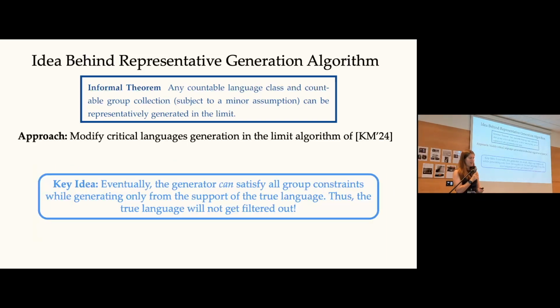The key idea in the proof is that in the same way that the true language eventually becomes critical, the true language also eventually allows us to satisfy these representation constraints. Not immediately, not even once it becomes a critical language, but at some point, and thus we can guarantee that eventually we'll satisfy representative generation.